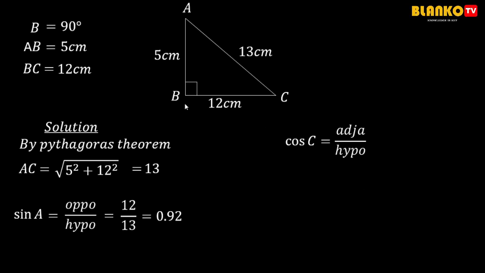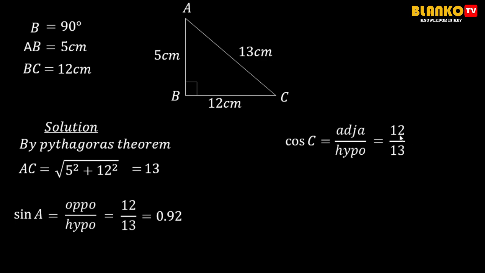Cos C is the adjacent, which is BC, over the hypotenuse, which is AC. So we have 12 over 13, that is BC, the adjacent, 12 centimeters, over the hypotenuse AC, 13 centimeters.